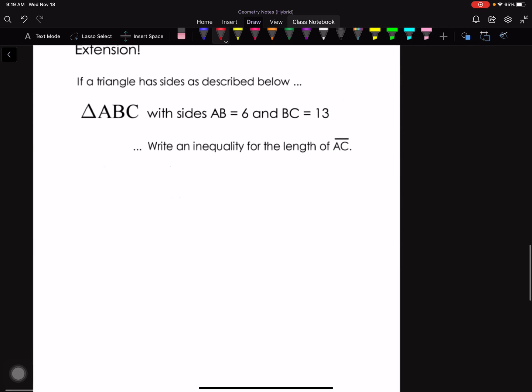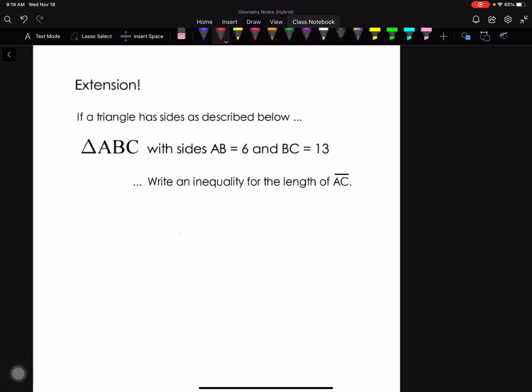Now extension is kind of interesting. If a triangle has sides as described below, triangle ABC, maybe you should draw it. A, B, C. Side lengths AB is 6, BC is 13. It says write an inequality for the length of AC. So we need to find a low end and a high end.